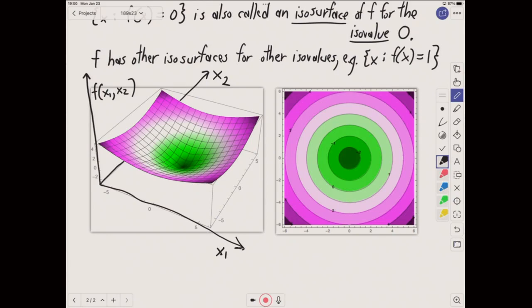On the right-hand side, again, the horizontal axis is the first feature, x1. The vertical axis is the second feature, x2. But now we are showing what's called a contour plot, which shows you some of the isosurfaces of that function. In particular, you'll see there's a little 0 here.